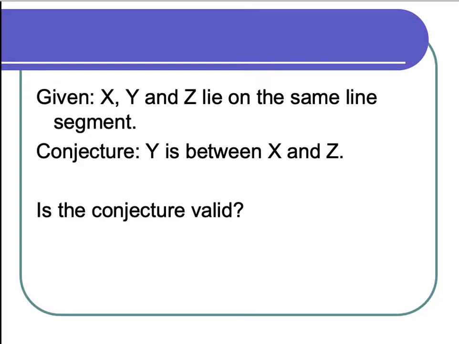According to the condition, they only lie on the same segment. So point y may be the first point before point x, or maybe point z is the first point before point y. Since the only condition given is that they lie on the same line segment, the conjecture is not valid.